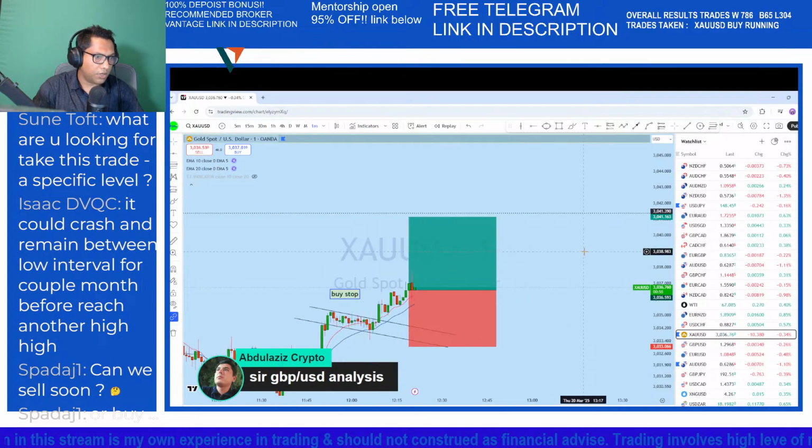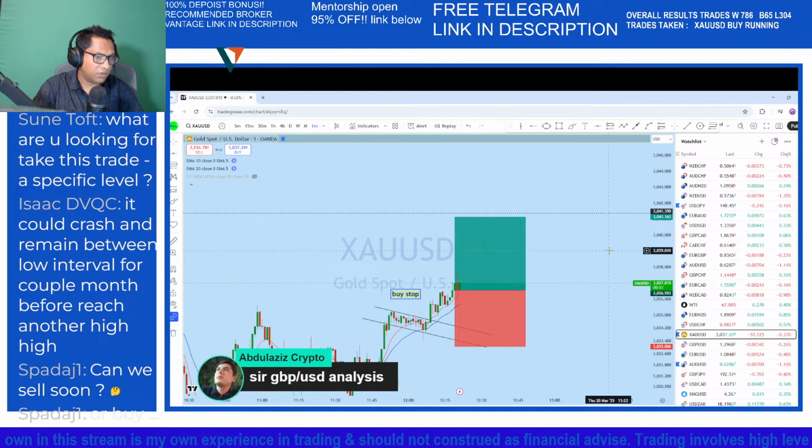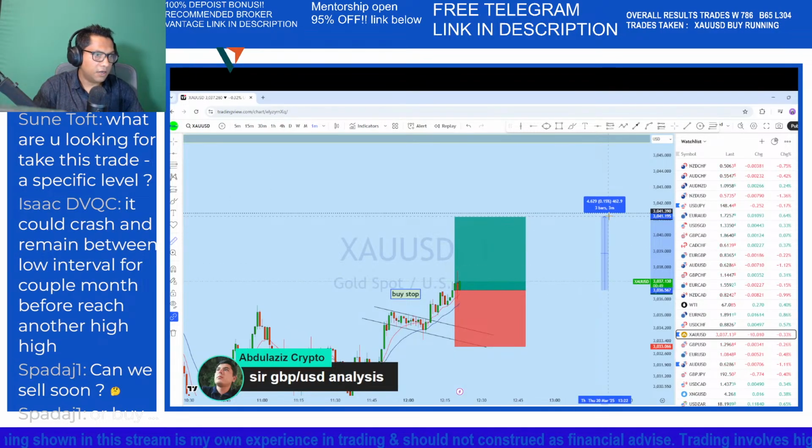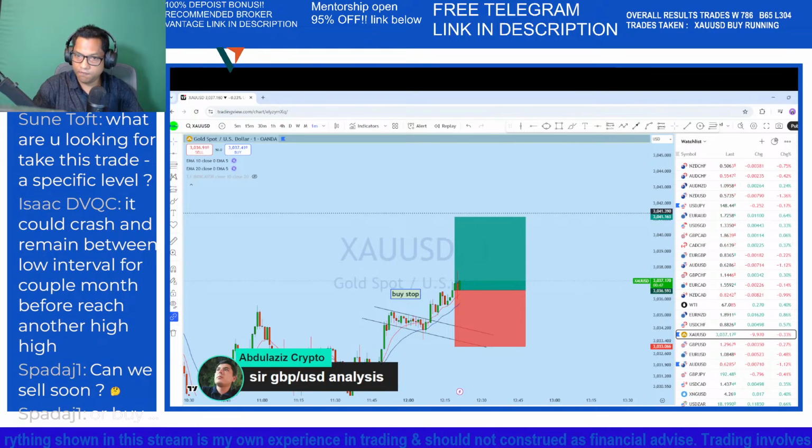Okay, so there is a long wick candle. I want to see that, guys, bounce back up, and we have here a target of 47 pips. Okay, so going up, guys.